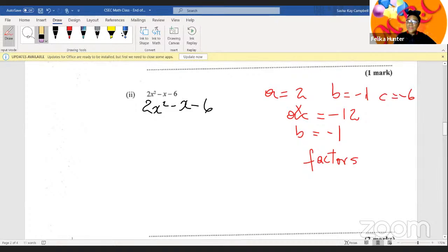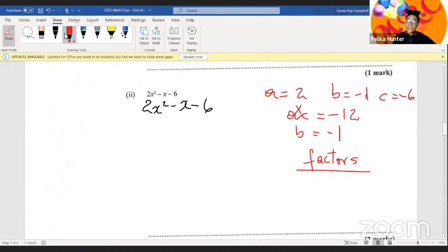And then we're going to find factors. Right, so now we're going to go to our factors.